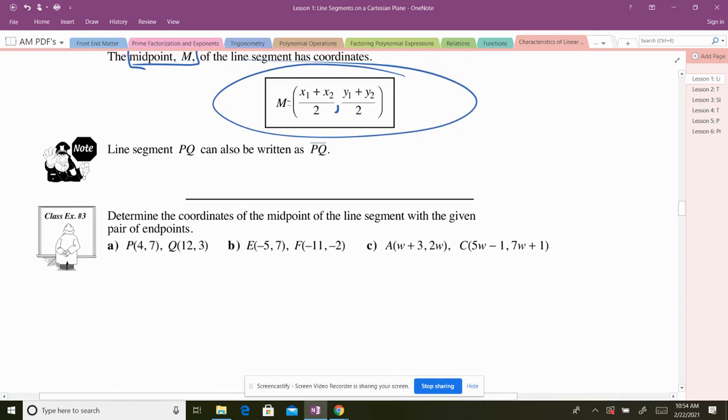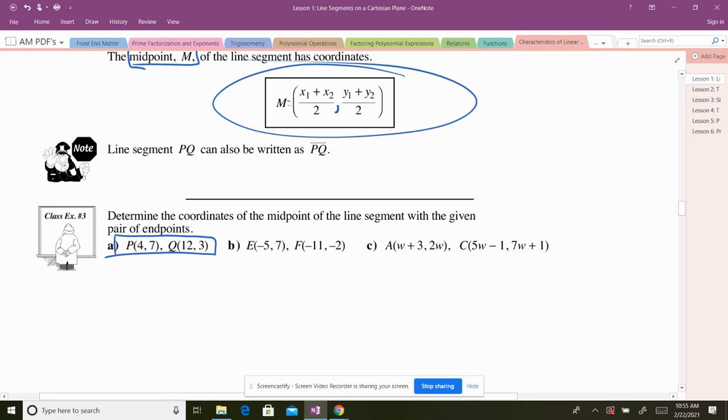So if I have 2 points, P and Q, and I ask what is the halfway point, the midpoint between them? Again, like with the distance formula, label each set as set 1 and set 2. Does it matter? No, it does not matter.